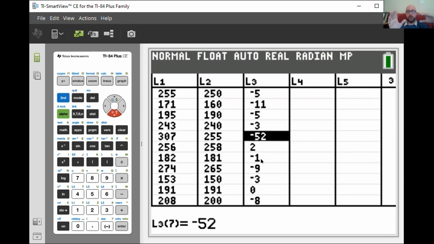Here's what a normal probability plot does. In a kind of complicated way, it compares the values that you see in L3 here to the ones that you would see if L3 was a sample from a normal distribution.